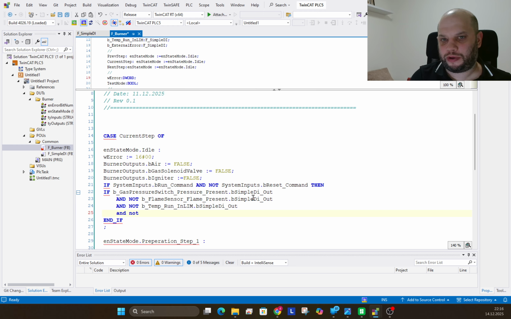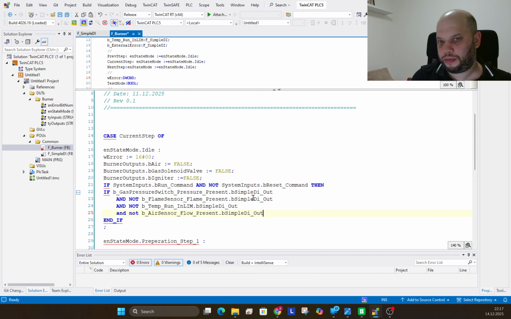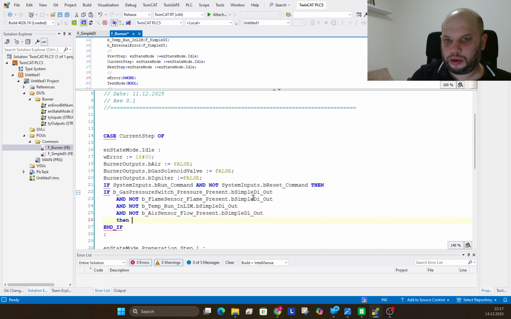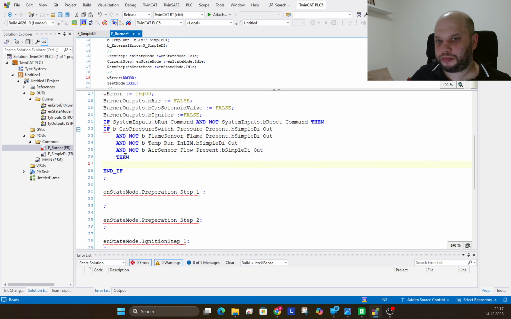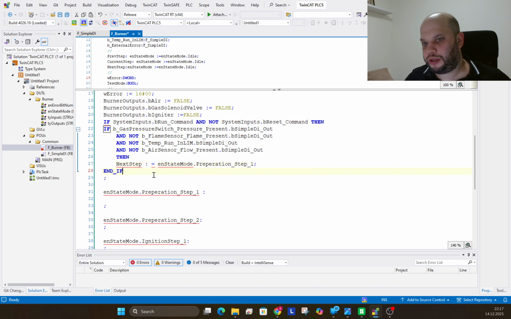There is no airflow. Then next step, be this one.